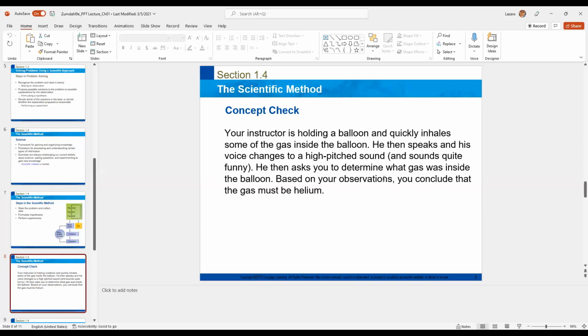Based on your observations, you conclude that the gas must be helium, because when you inhale helium, your voice changes and sounds a little funny. That's a simple problem that we can use in order to see how to solve a problem.